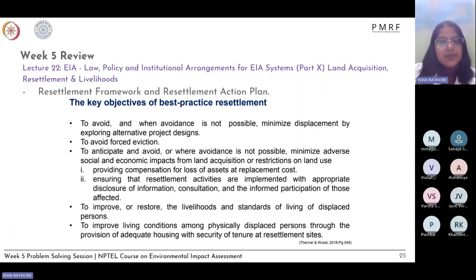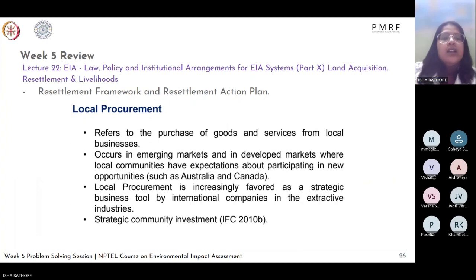So physically displaced people, meaning your vulnerable population, have their living standards and conditions met because they are the most adversely affected. So these are key objectives of a good or best practice resettlement, which need to be considered.